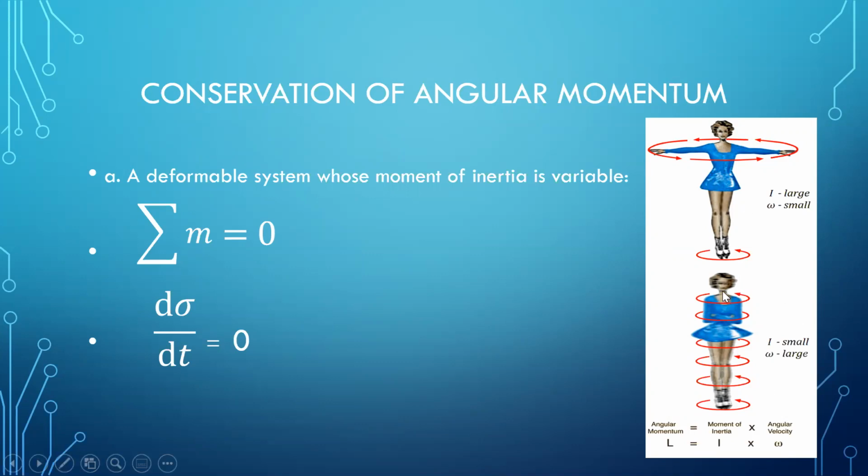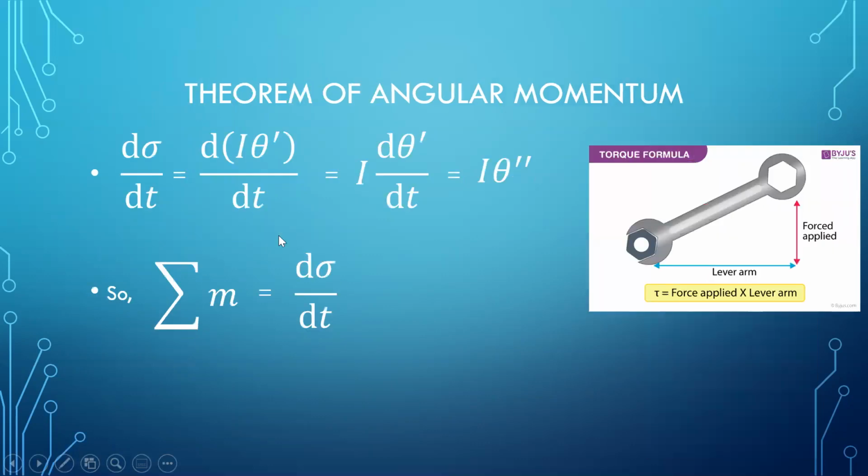Whereas in the second image, the girl moves her arms inside, and so the moment of inertia becomes small because the radius is no longer large. So in this case, the moment of inertia is variable because it changed, it is not constant, and thus the summation of the moment is equal to 0.